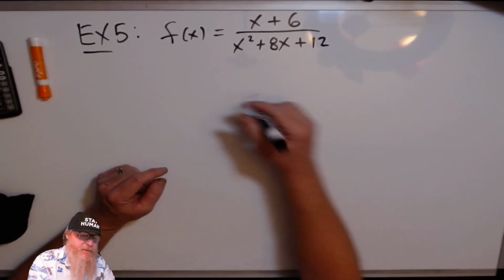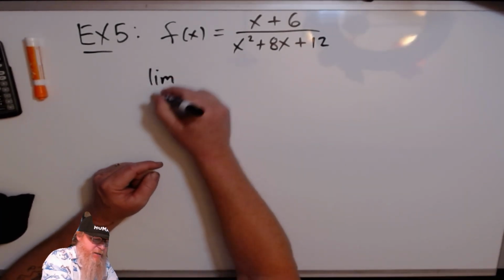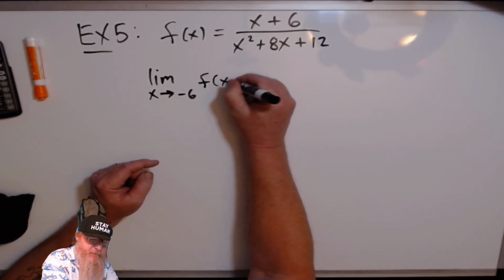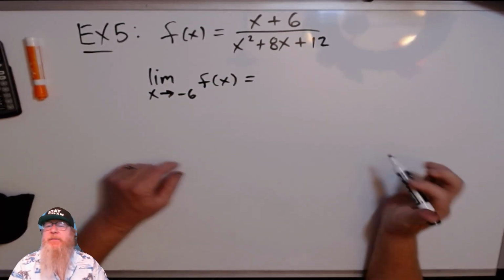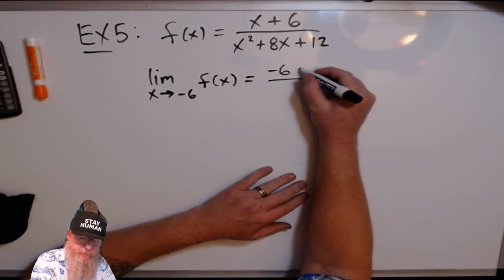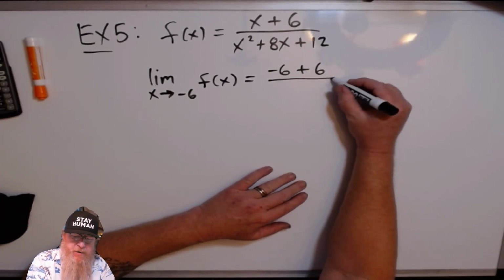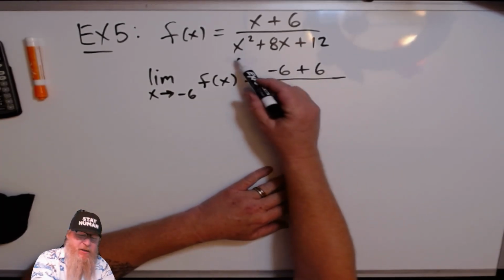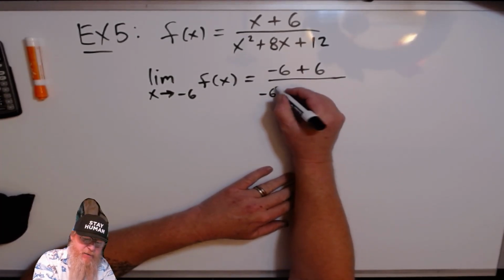Okay, so what happens? Let's do the limit as x approaches -6. Because that causes 0 in the numerator. So I'm trying to force the issue. I want to end up with 0 over 0. It also causes 0 in the denominator.